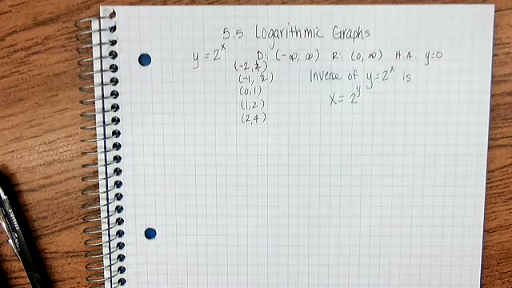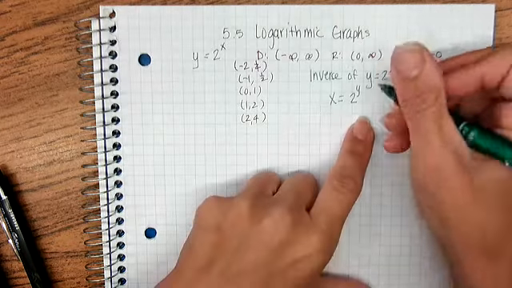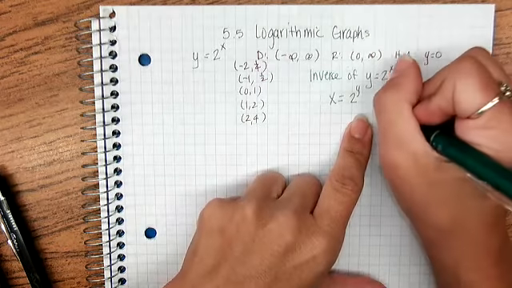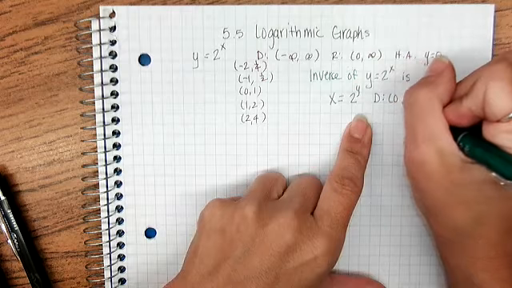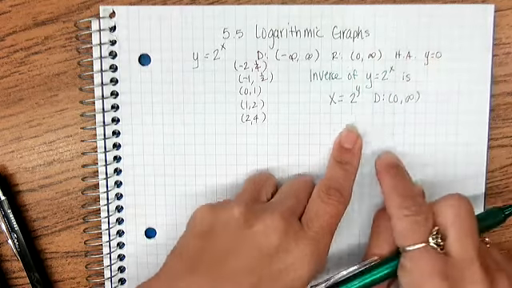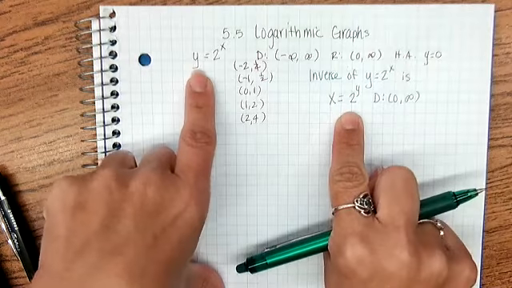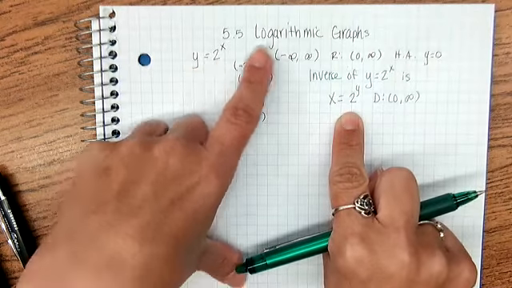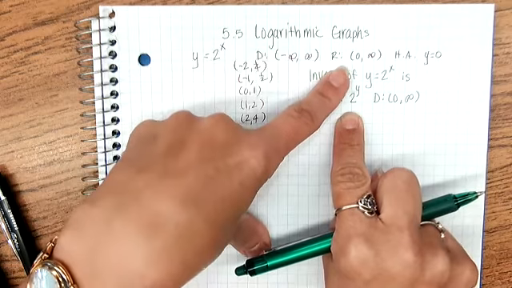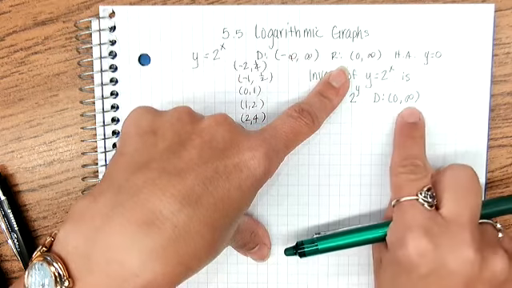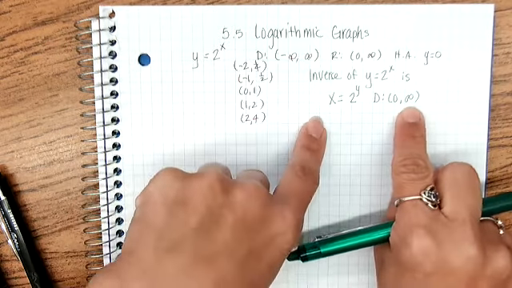Switch x and y, therefore you would switch domain and range. The domain of this function becomes 0 to infinity. The domain of x equals 2 to the y is the range of y equals 2 to the x. So the range of y equals 2 to the x, 0 to infinity, is now the domain of its inverse.